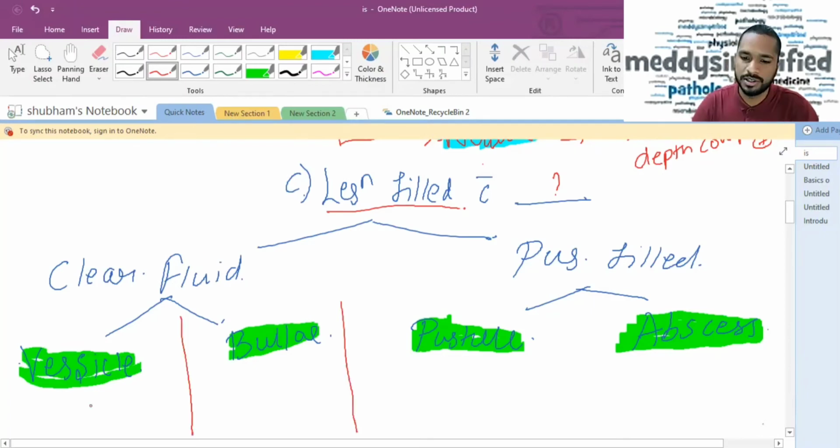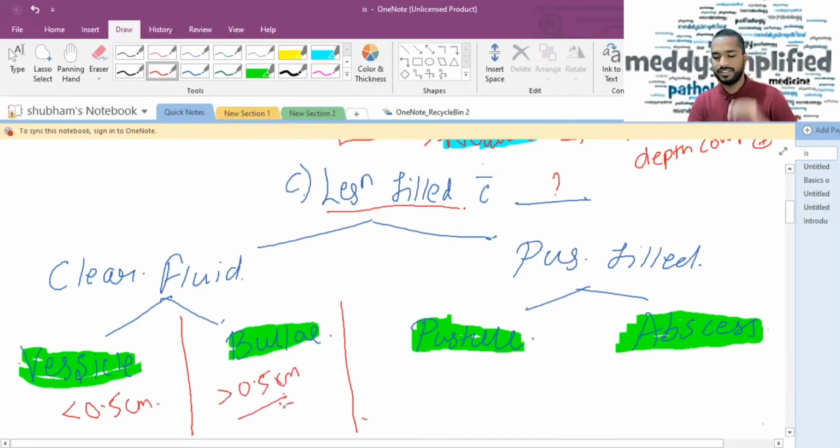So how will you distinguish whether it's a vesicle or bullae? Once again with the size. If the size of the clear fluid filled lesion is less than 0.5 centimeter, it is vesicle. If it is more than 0.5 centimeter, it is bullae. All right. Clear fluid filled lesion, less than 0.5 centimeter vesicle, more than 0.5 centimeter bullae.